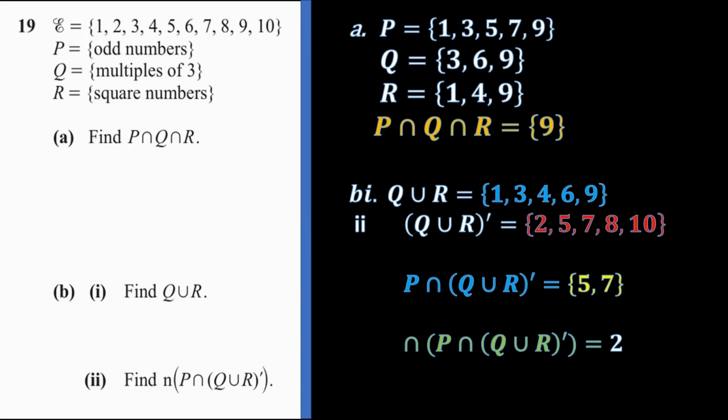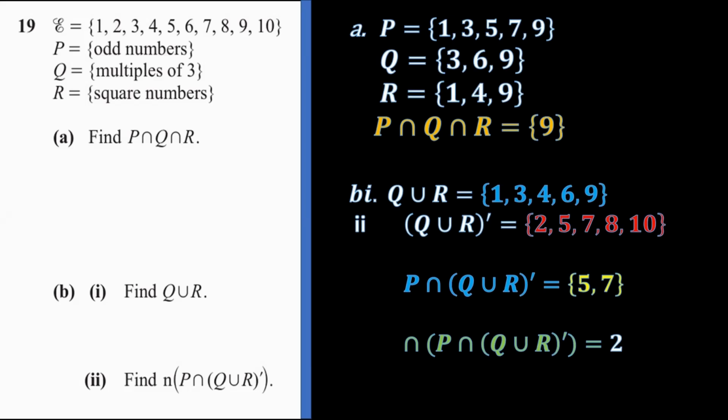Okay, so if you look at all the elements of Q, we have 3, 6, 9. We have 1, 4, 9. Of course, 9 appears twice, so we are going to write it only once. If you look at the 2 sets, Q and R, they have 3 elements each. So joining them together, we're supposed to have 6 elements, but we are having 5 elements. Why? Because 9 appears 2 times, and we can't write it twice.